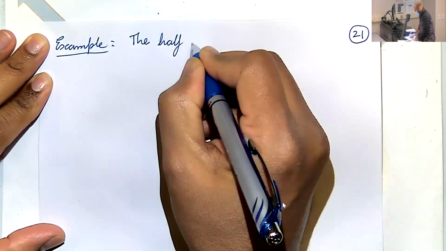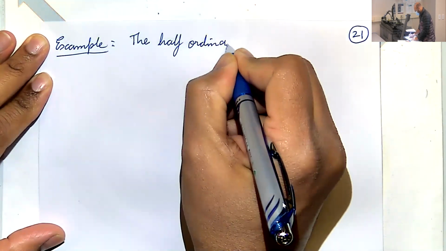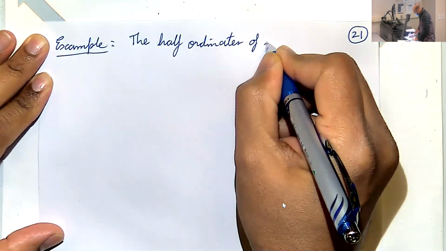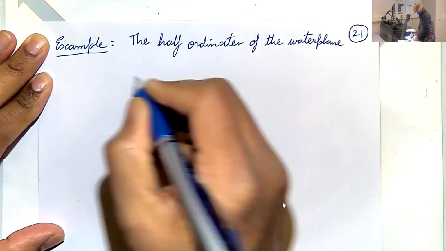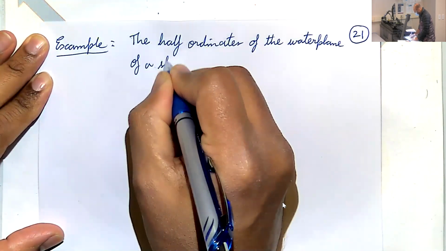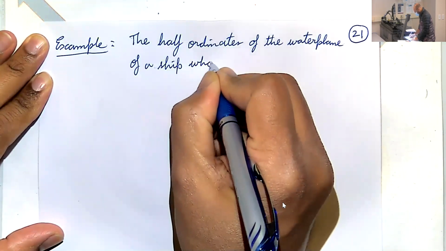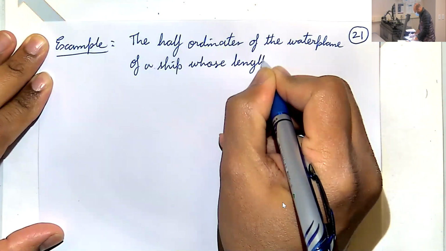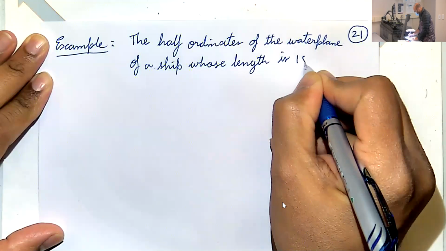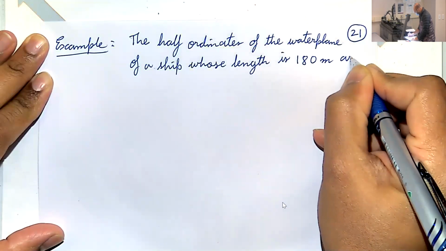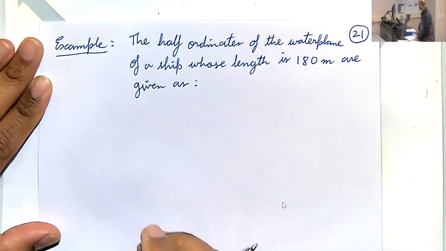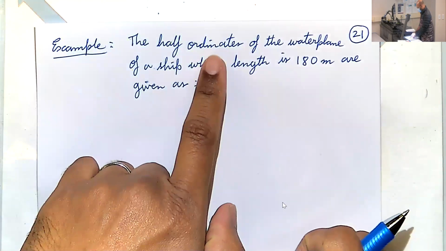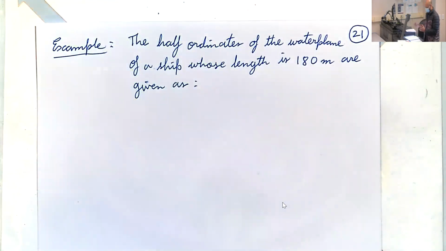The half ordinates of the water plane of the ship. An ordinate is just the y coordinate. That's usually the name. Abscissa is x, ordinate is y.